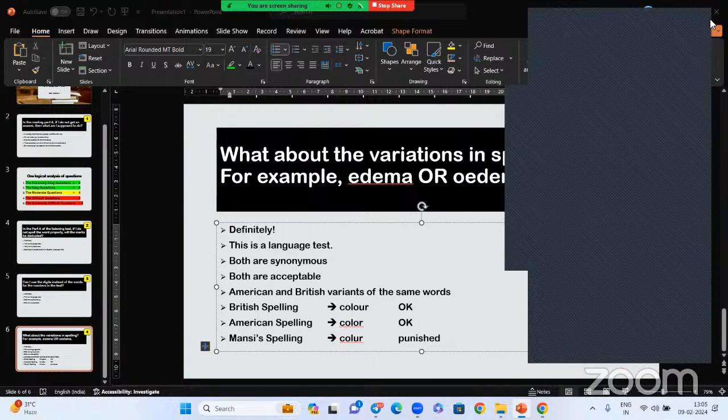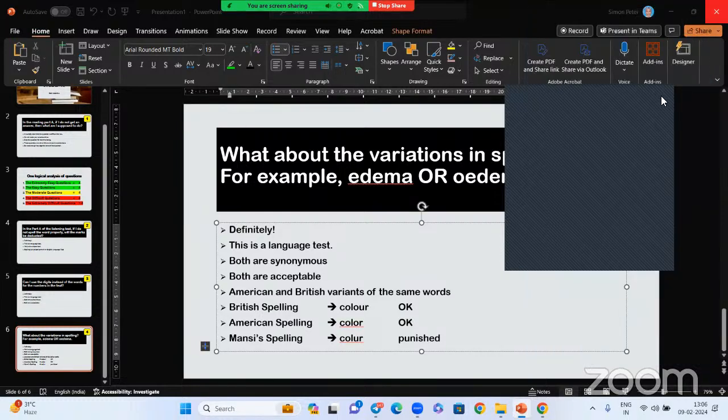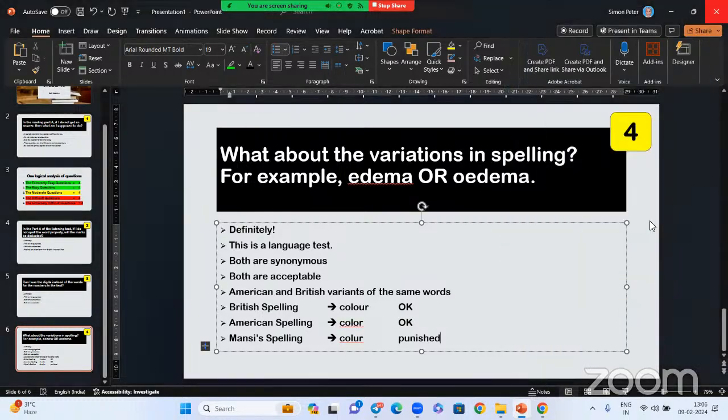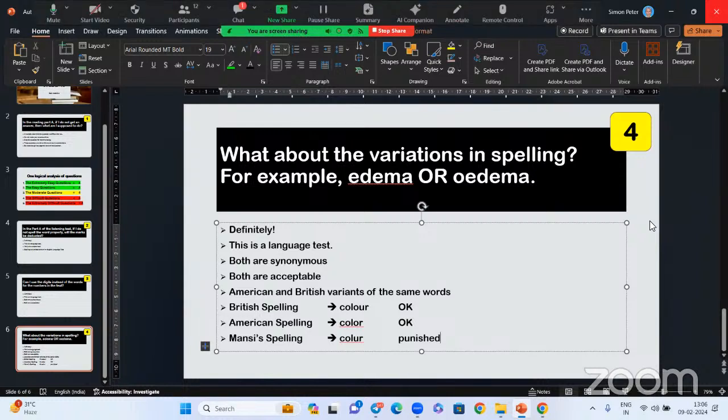Good afternoon, sir. Good afternoon, dear. Sir, in the writing part, if it is given equipment required, can we write the list of equipment is attached herewith?